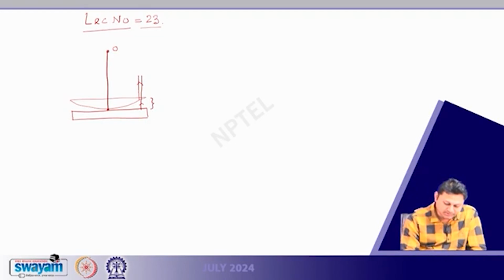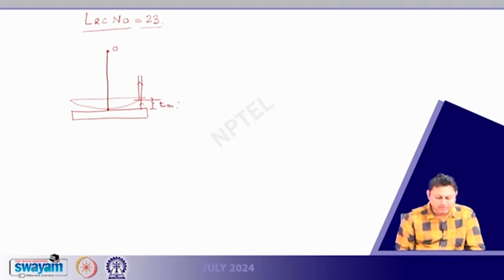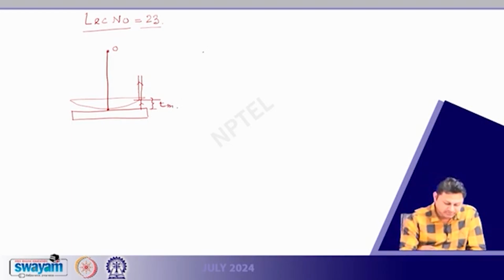Suppose this separation is T m. From this we can calculate the path difference, and we calculated that for maxima we have the condition 2n Tm, where n is the refractive index of this region.